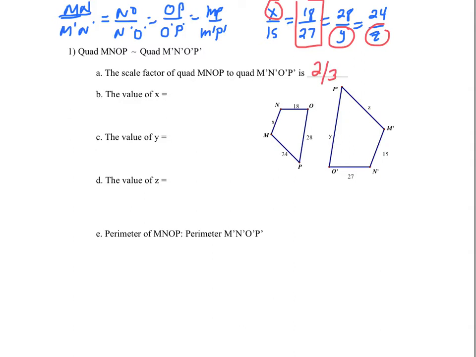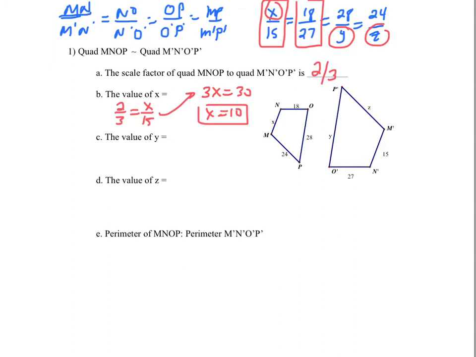So to find x, take your scale factor, 2 over 3, and then set it equal to the fraction that has x in it, x over 15. Cross multiply, we end up with 3x is equal to 30. Divide by 3, we get x equals 10.